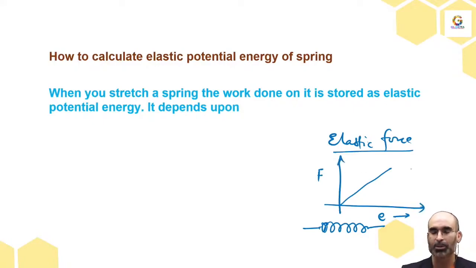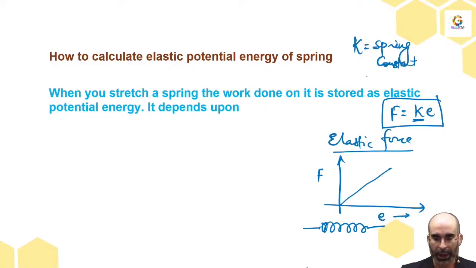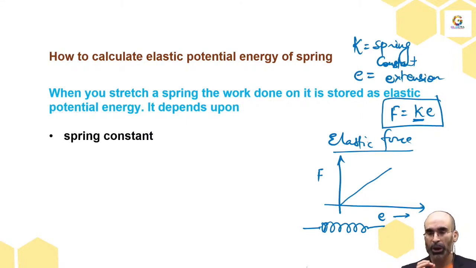At this moment this is not that important, but one thing is very essential here. F is K into E. F is the elastic force, K is called the spring constant, and E is the extension in the spring. So the elastic potential energy stored in a spring is calculated as the work done. The work you do in stretching is stored as elastic potential energy.